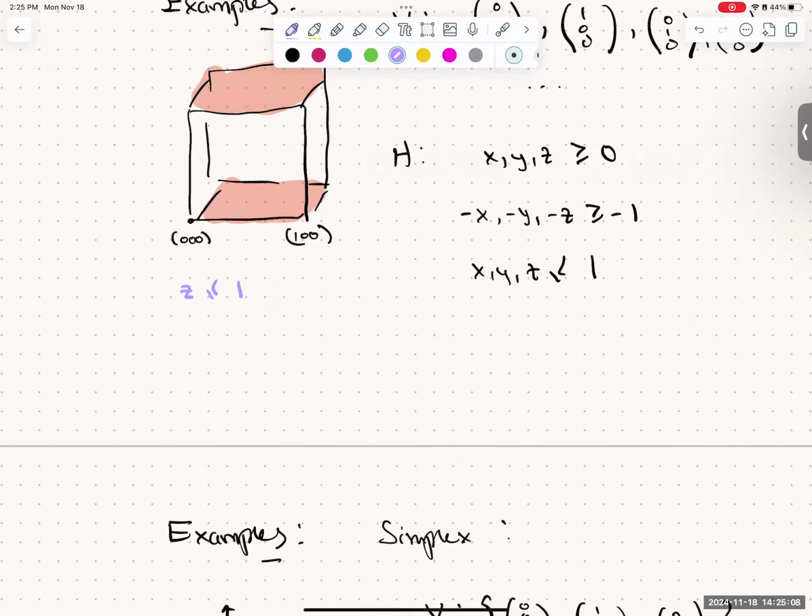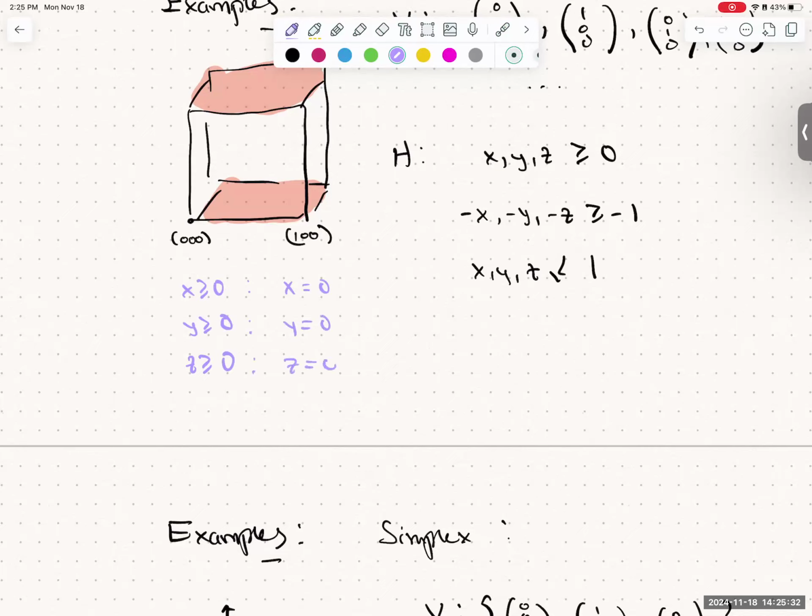So I will just write it like that. Or maybe I will actually look at this 0 point. So what are the inequalities there? X greater than or equal to 0, y greater than or equal to 0, z greater than or equal to 0. Now, if I set these each to equality, x equals 0, y equals 0.